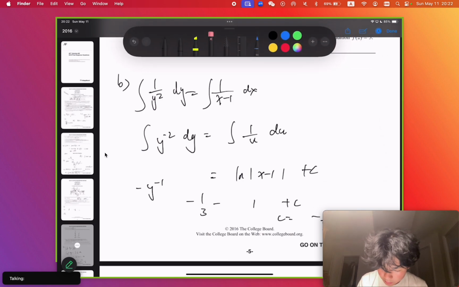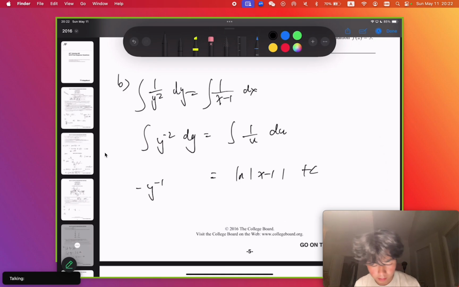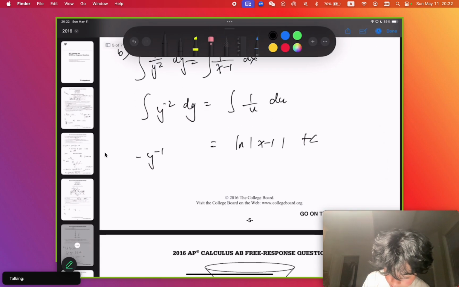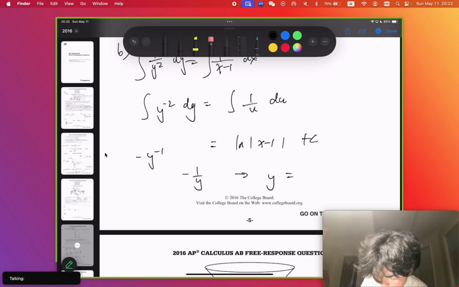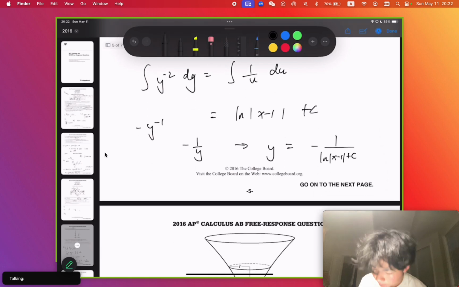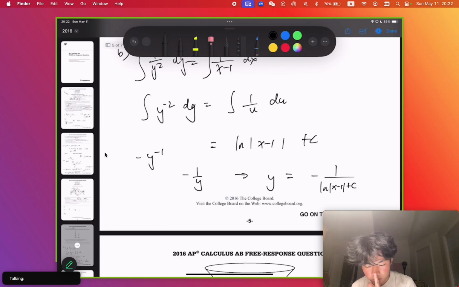Sorry. This is really hard. I don't recommend this way. The easier way is you switch around first. So if you switch it around, you want to do this equals negative 1 over ln of x minus 1 plus c. Yep, I think I did it right.